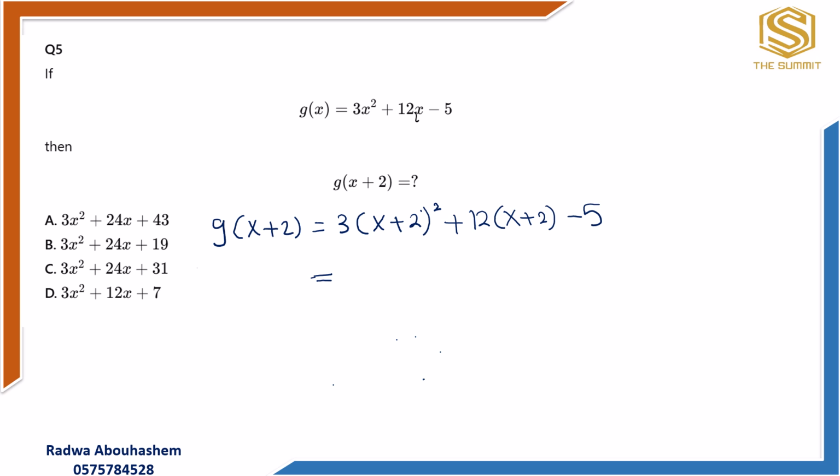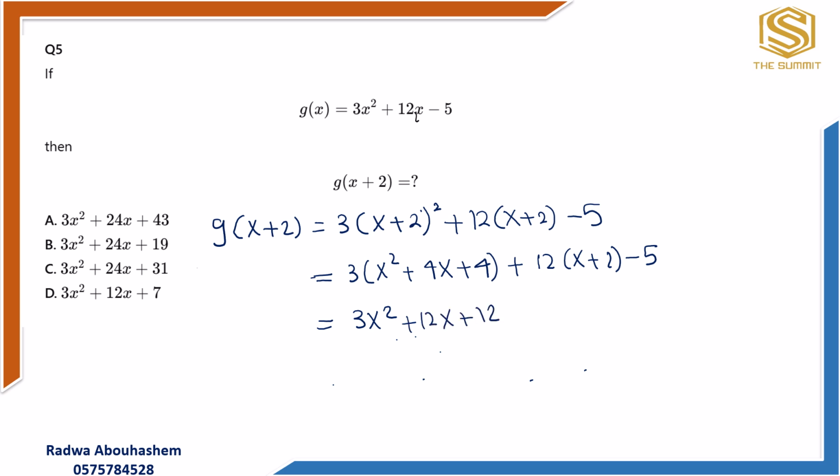Open the brackets. So here would be 3 times (x squared plus 4x plus 4) plus 12 times (x plus 2) minus 5. Let's distribute. So 3x squared plus 12x plus 12 plus 12x plus 24 minus 5.